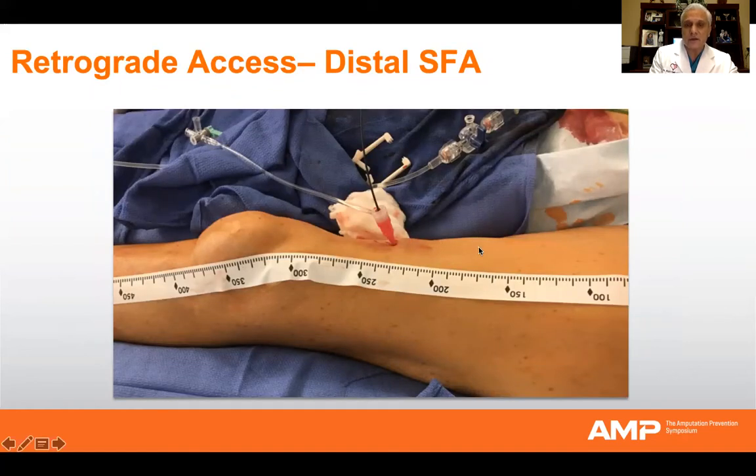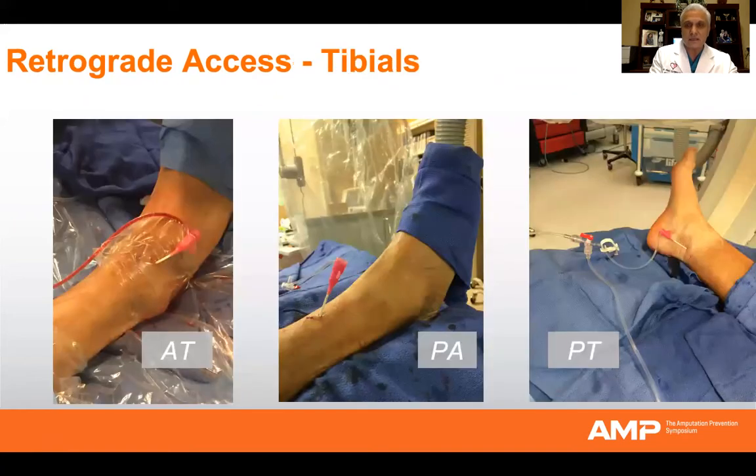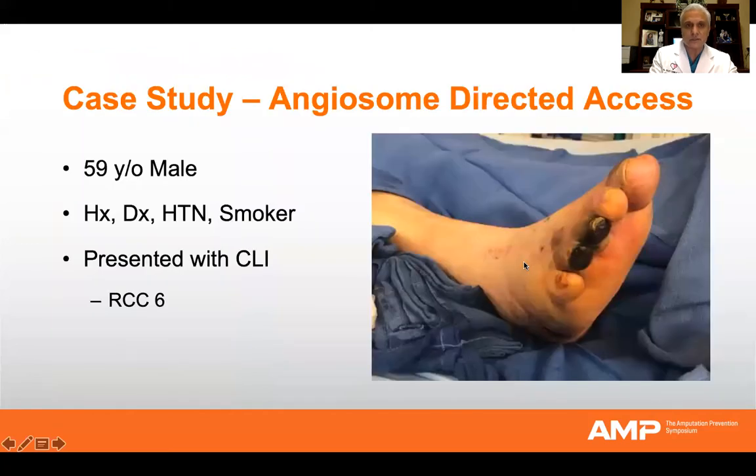The purpose is not to move the patient, who stays in the supine position, and we just utilize these accesses depending upon where the pathology is. And these are the accesses from the tibials: anterior tibial artery, peroneal, and posterior tibial artery, connected to this fluid, TAMI fluid with heparin and nitroglycerin, preventing spasm and thrombosis.